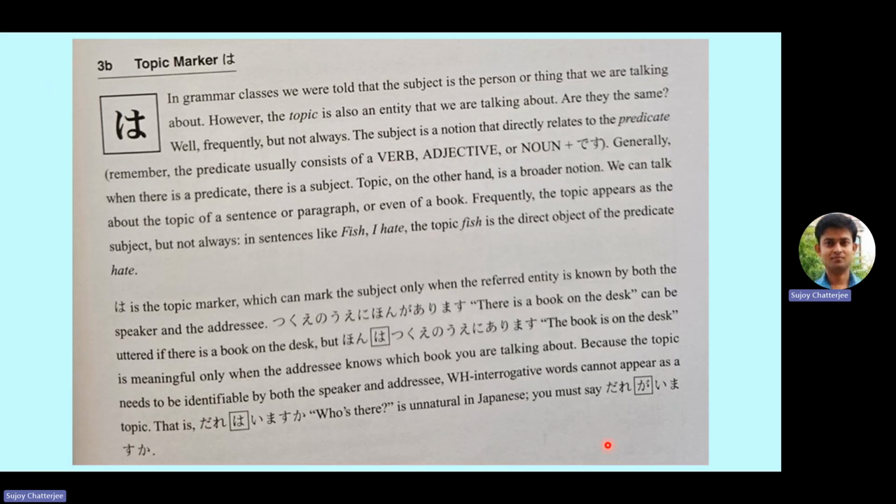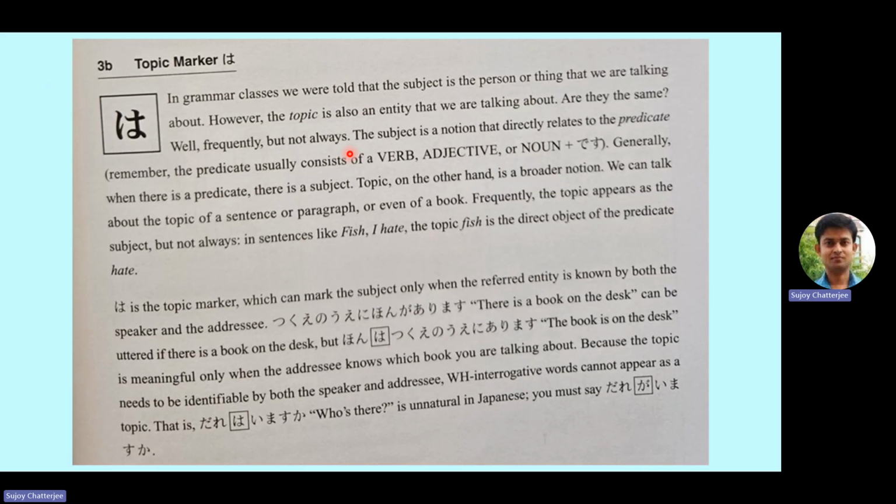But in Japanese, what happens? There is a concept of topic as well, which is different from subject. Frequently subject and topic are the same, but not always. When they are not the same, there is a specific use of wa and ga particles. But when they are the same, confusion arises about which one to use, wa or ga.